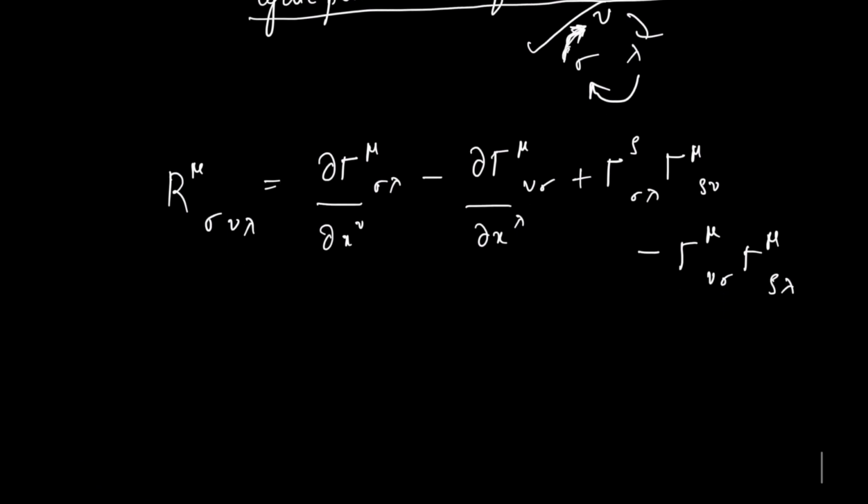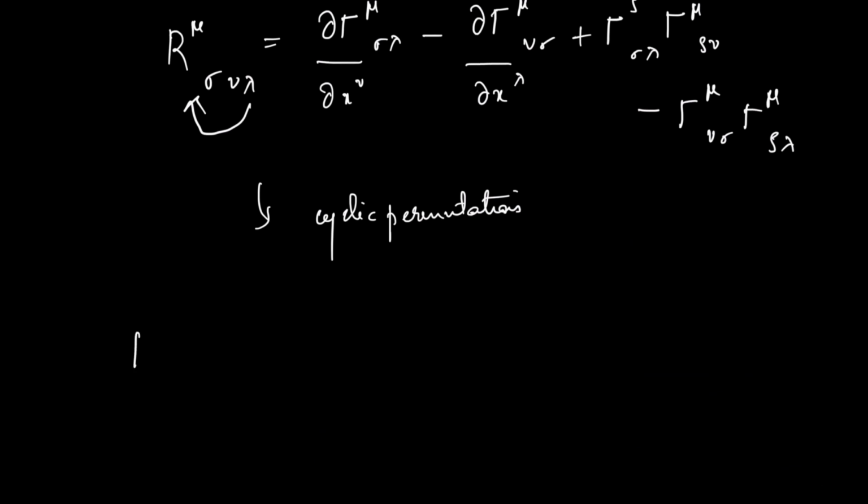Now I do one more cyclic permutation. This time lambda will come to sigma, so I interchange lambda and sigma.